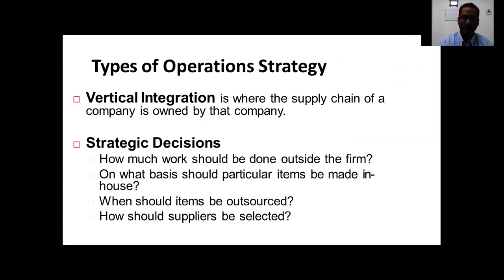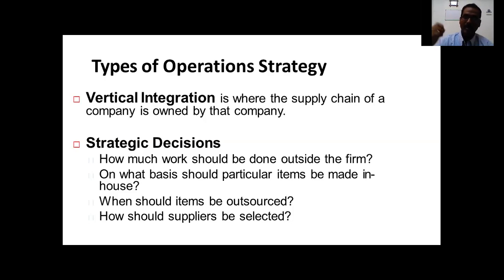Supply chain means right from the supply of raw materials for producing the product, and then taking this product to the customers. So all these things are called supply chain. A company can become its own supplier of raw materials.